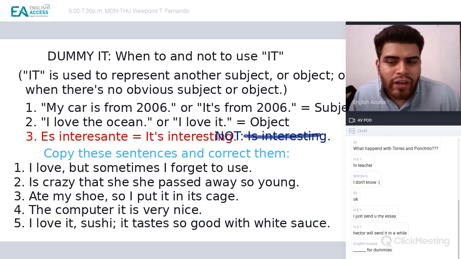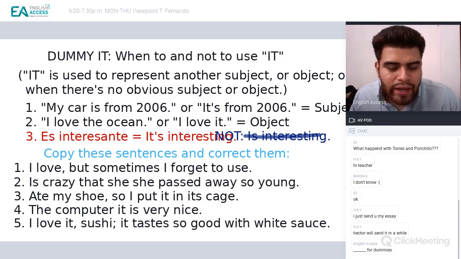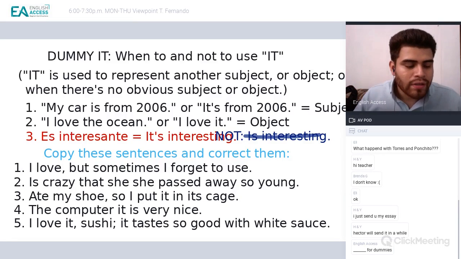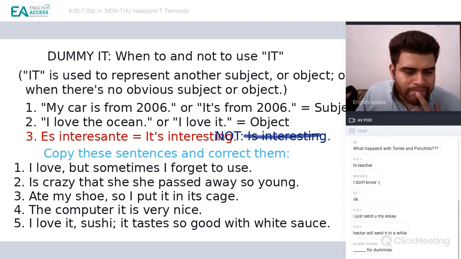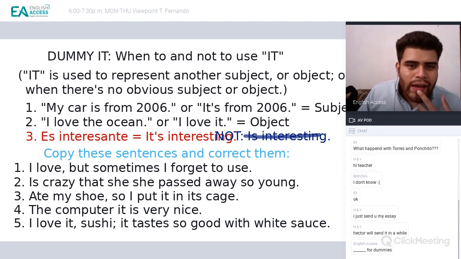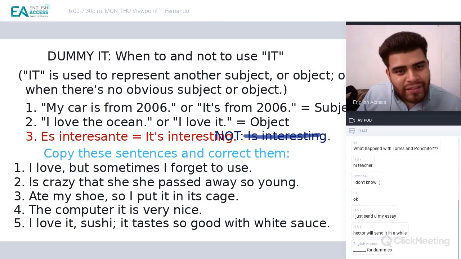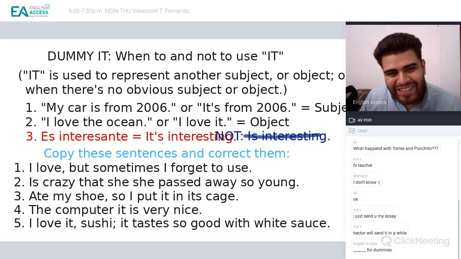For example, cooking for dummies, English for dummies, swimming for dummies, and they teach you those topics. It's just like an instruction book or a lesson book, anything that will teach you. And here, Cambridge calls this the dummy it, where we are teaching dummies how to use it.